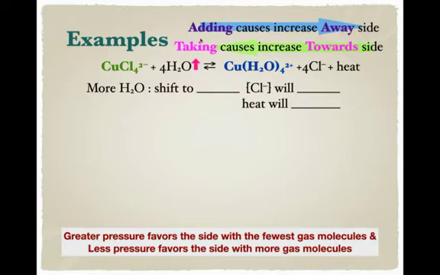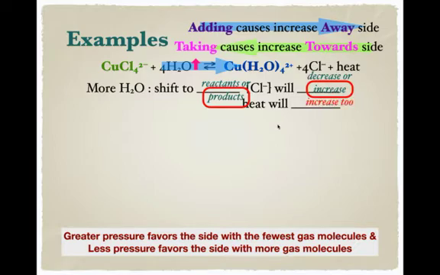If I add, it'll shift away. So I'm going to shift to the products because I'm getting away from my water. If I shift to products, what does that do to one of the products? That makes that product increase. And another of the products is heat, so heat will also increase.